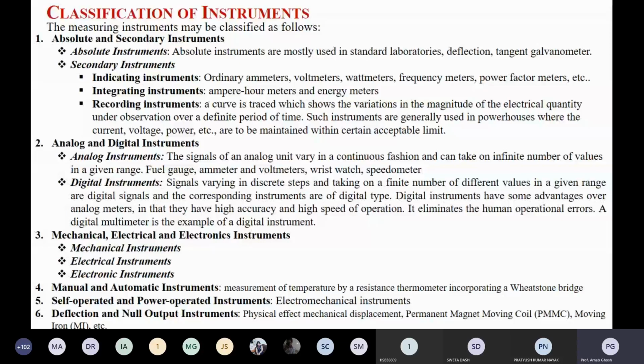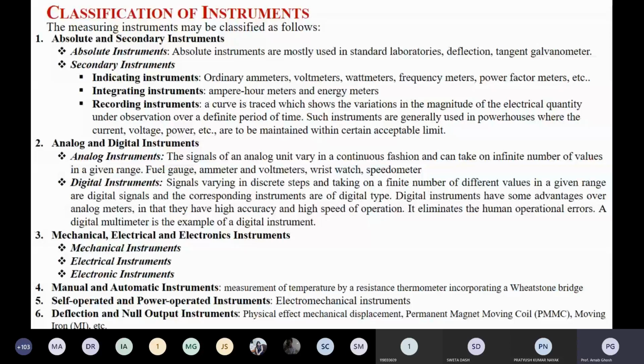Next, the integrating instrument. What do we mean by integrating instrument? It is related to time. The standard indicating instrument is integrated with time.